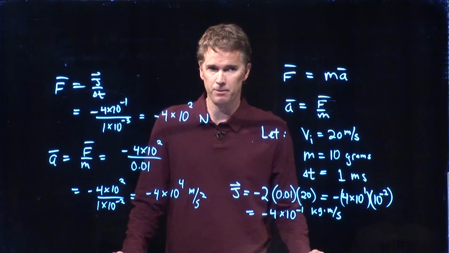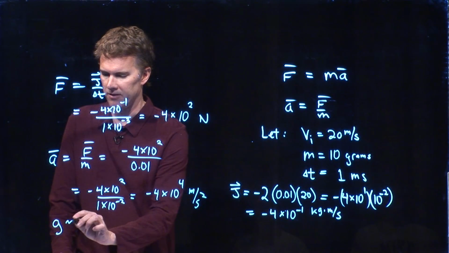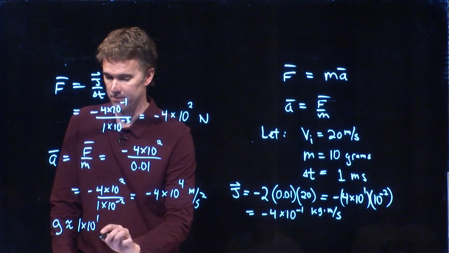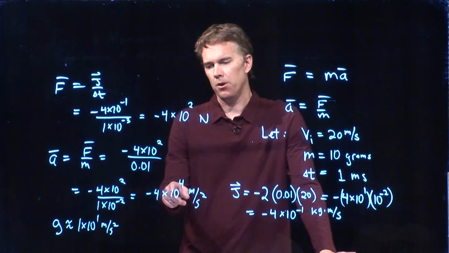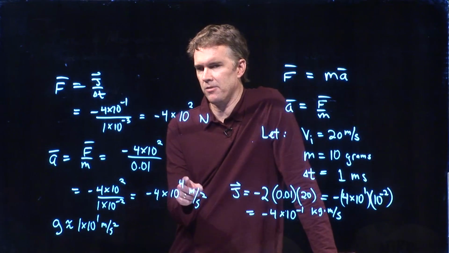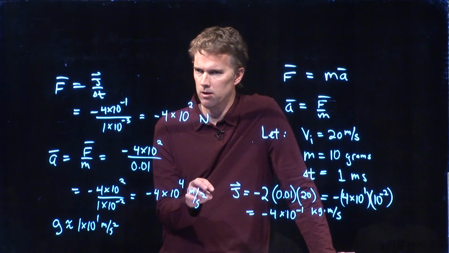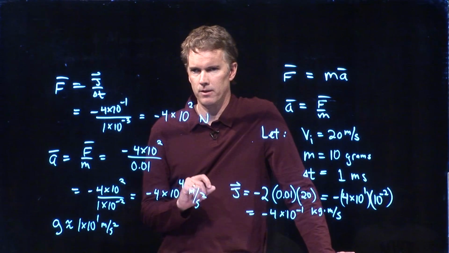And that's a pretty big number, right? Remember, G itself is 9.8, which is on the order of 1 times 10 to the 1 meters per second squared. And now we're dealing with something that is 4 times 10 to the 4. So this is 4 times 10 to the 3, 4,000 times bigger than gravity.